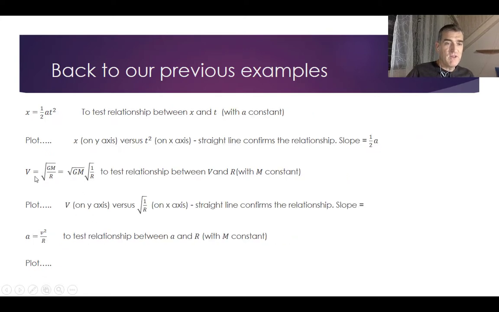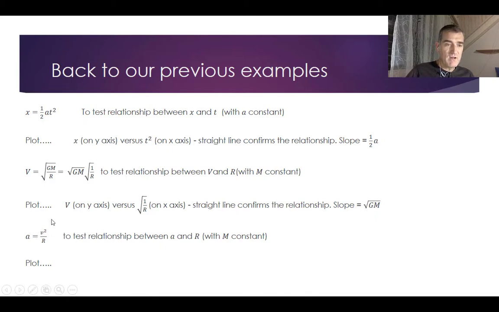Yeah, so we plot v on the y-axis and root of 1 over r on the x-axis, and it would be confirmed by a straight line through the origin, and the slope would be the square root of gm. So to find the constant gm, we would square both sides, so gm would be the slope squared. We could then find the theoretical mass of the planet by dividing by the universal constant of gravitation.